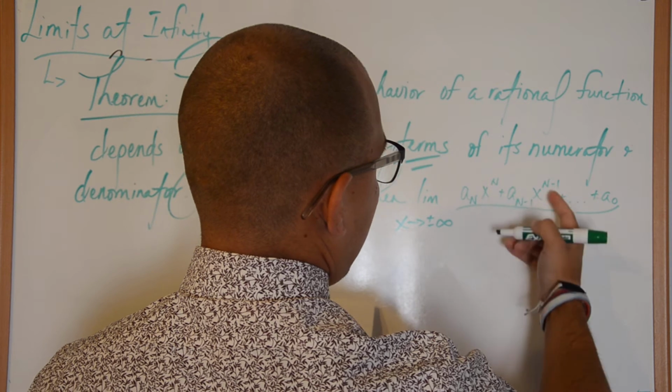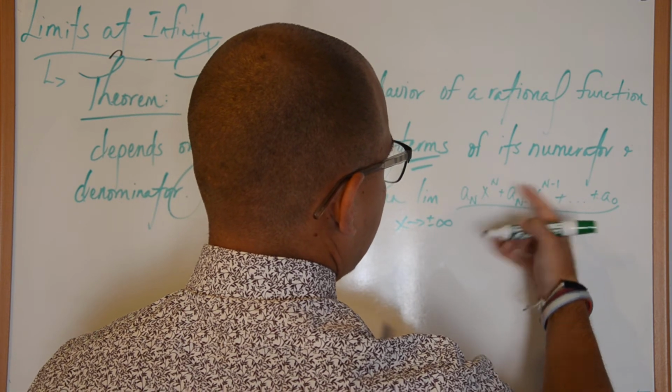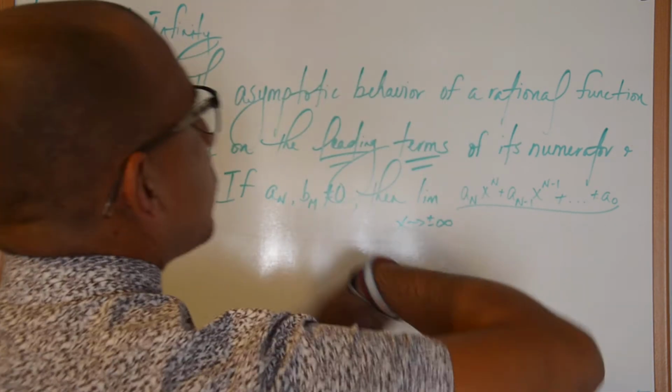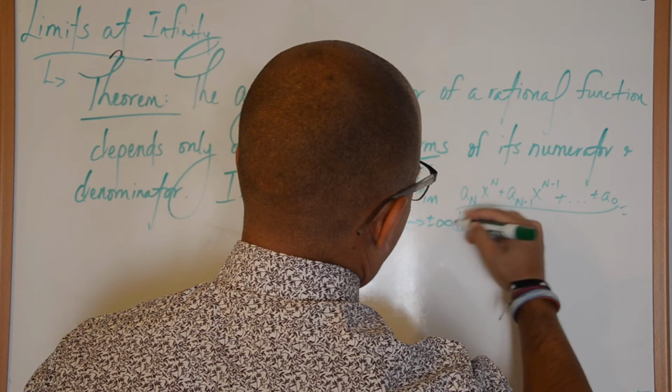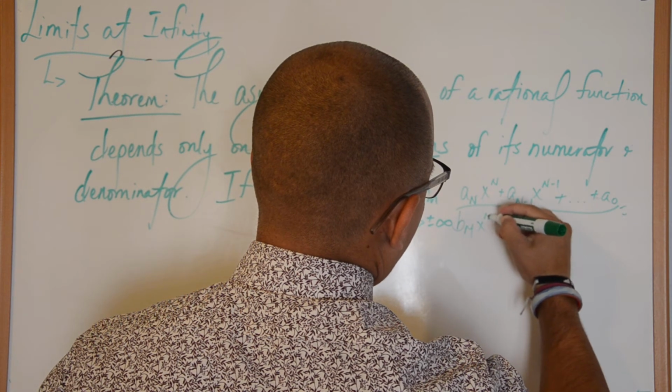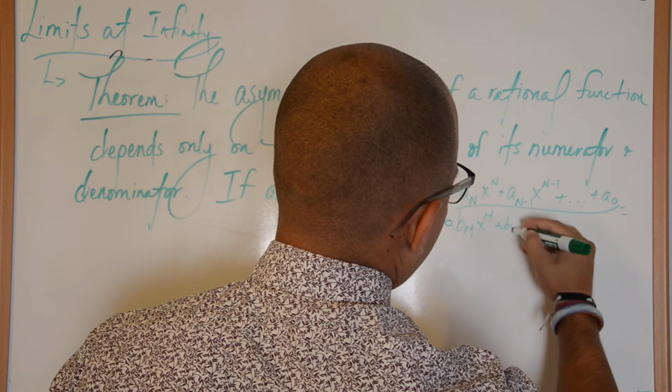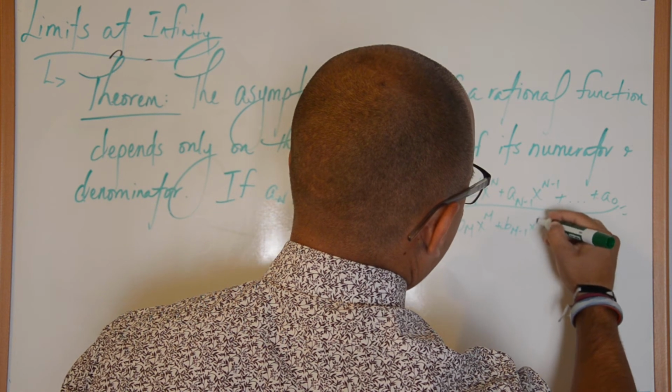Because this is a leading term, that would have to be 1 power less, or 2 powers less, or some power less constant term, and vice versa, and the denominator.